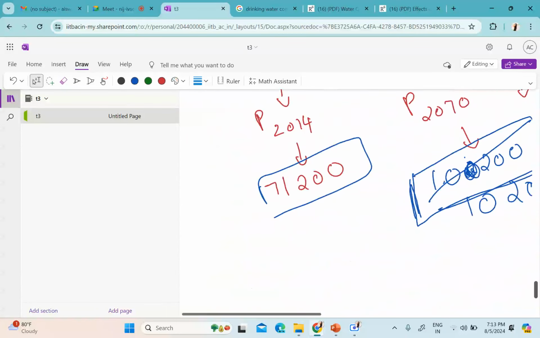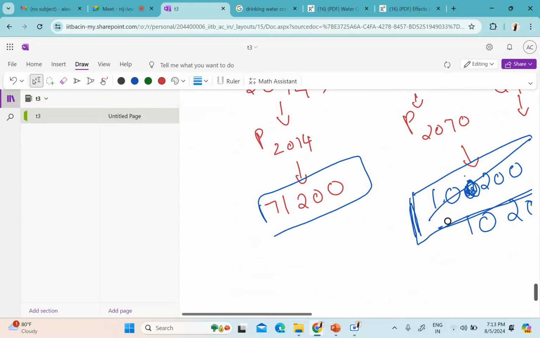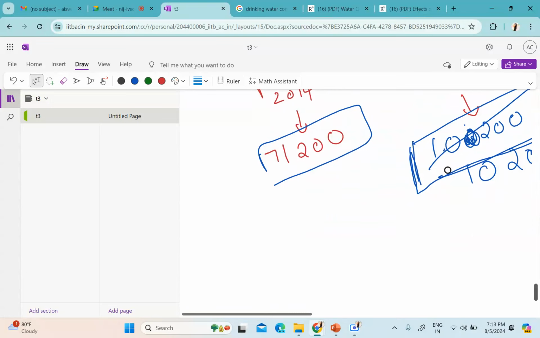Okay, that is the arithmetic one. Then we'll say what are the advantages and the applicability of this arithmetic method. Does anyone know?